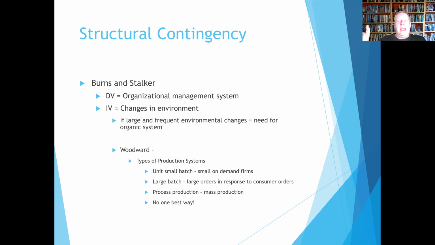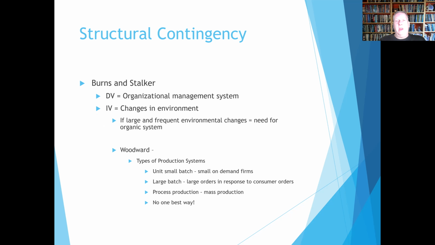Some environments have very frequent and very large changes that organizations have to deal with. Other environments are much more static and much more stable and don't really present the same types of challenges and issues for organizations. But essentially, just to boil structural contingency theory down, it is contextual. There is no one best way for us to organize the structure of our organizations, or to organize the process of work in our organizations, or the one best toolkit to give to our managers.